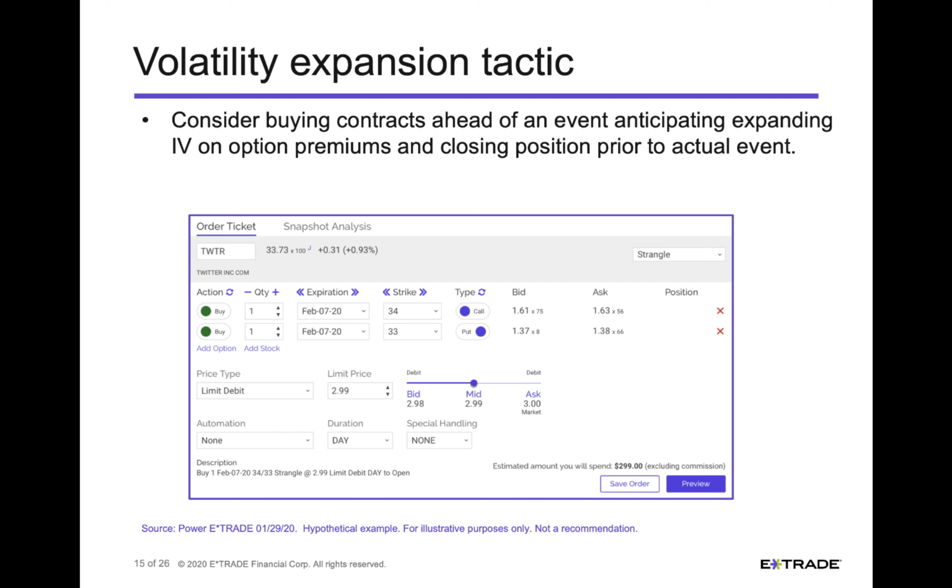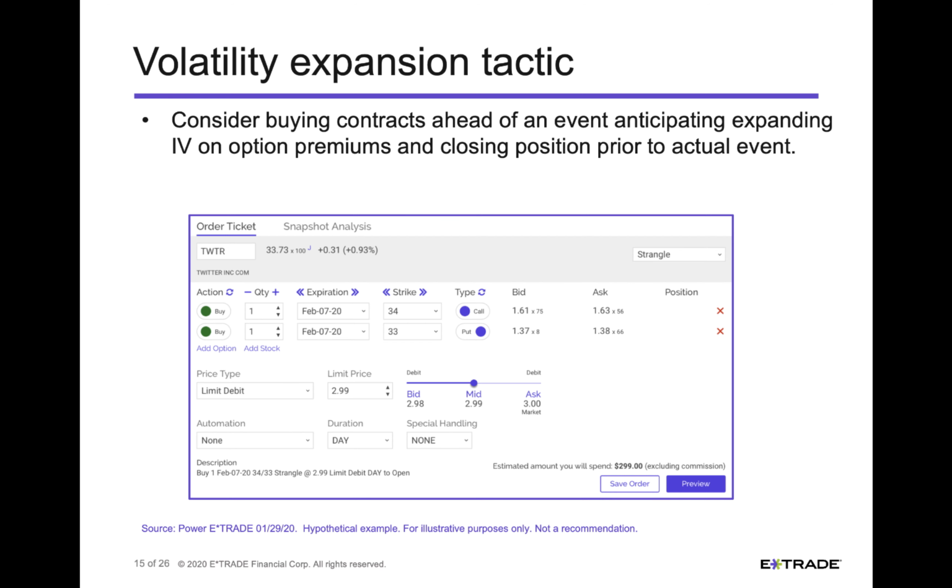Well, the idea here is just before the company has their announcement. Now, if that's after the market, then you may want to consider closing the position prior to the actual event. If it's the next morning before the market even opens, then you'd want to consider closing it out the day before.